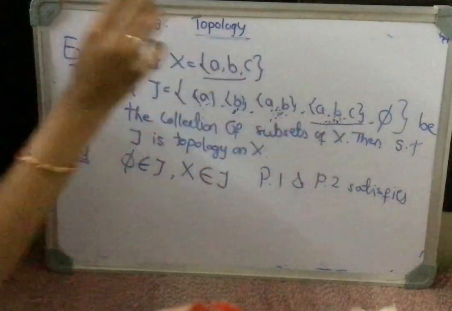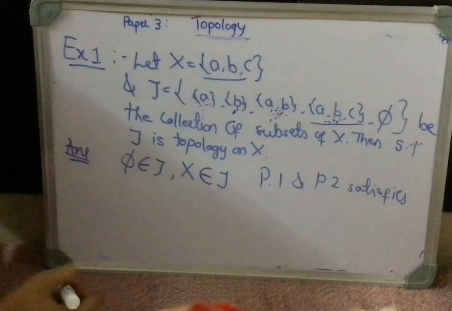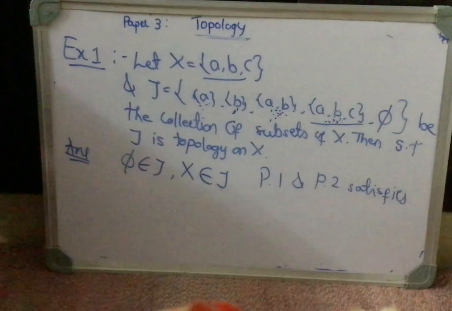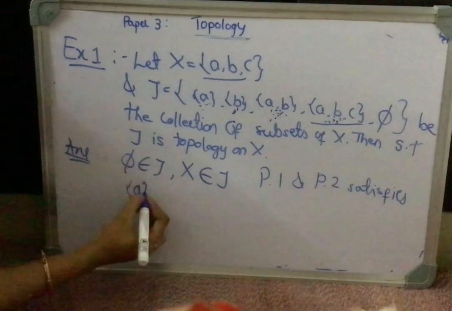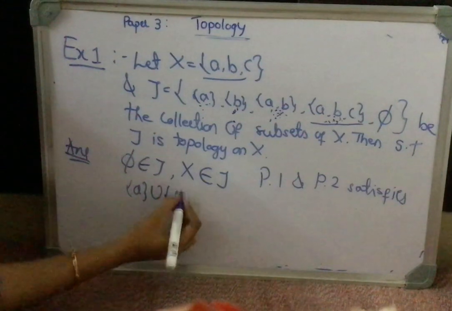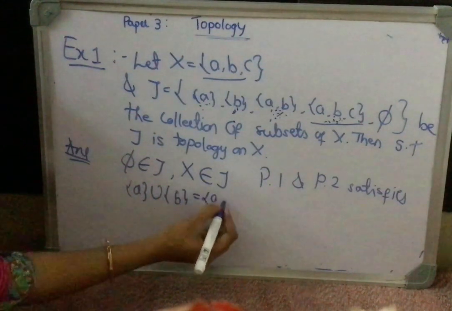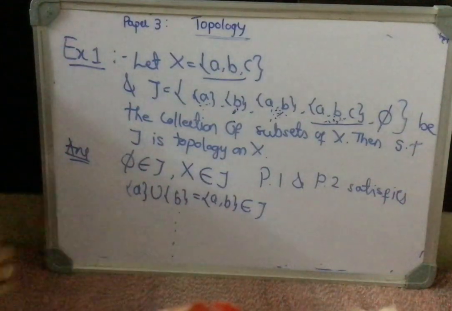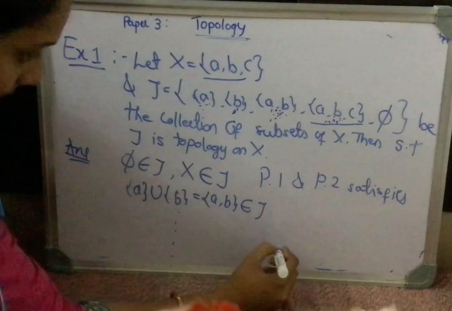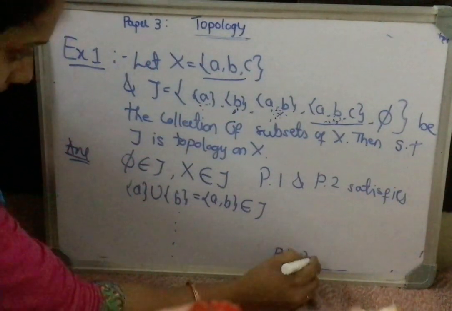ABC union empty set is ABC. So with all the combinations you will get again a member of tau only. You have to do all this. Then you can say P3 holds.